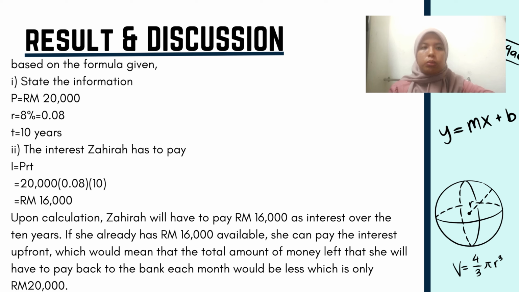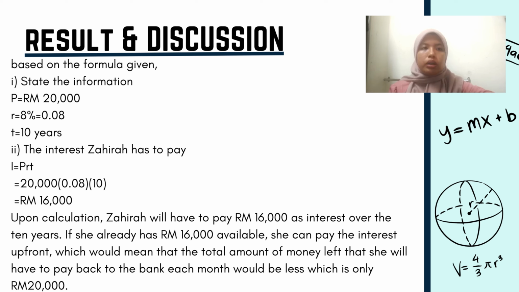So, from the problem statement, the value of principal is 20,000 ringgit. The rate of interest is 8%, which equals 0.08 in decimals. And T, the period of investment, equals 10 years.